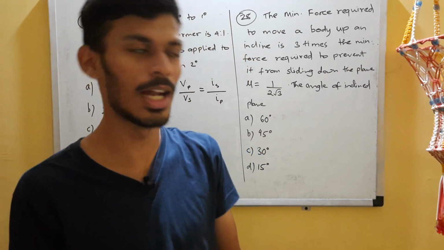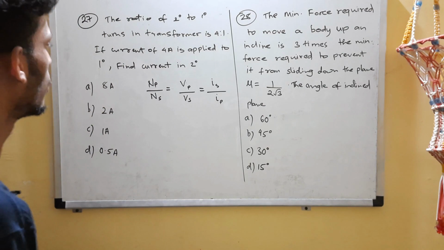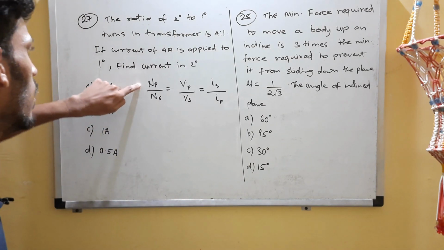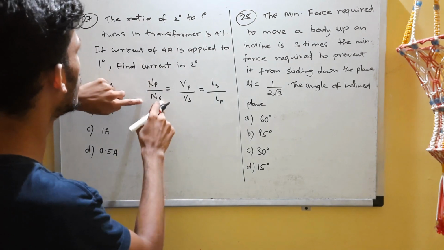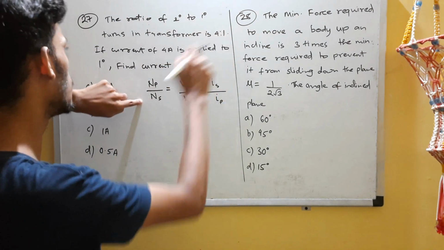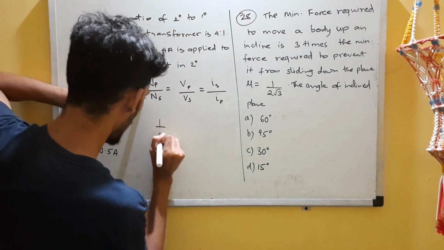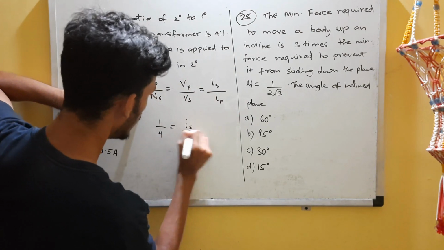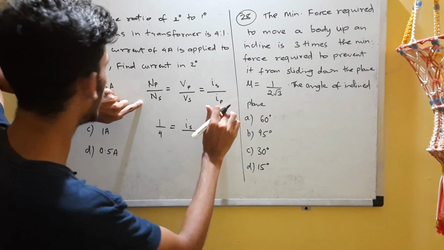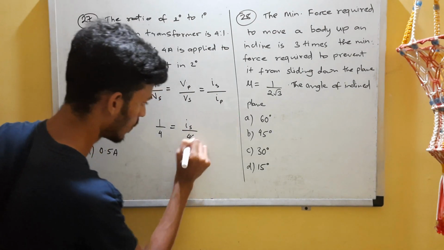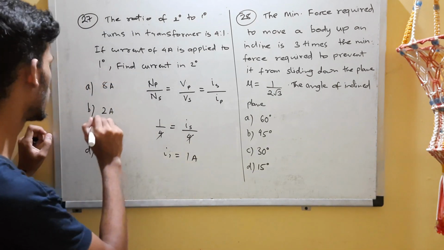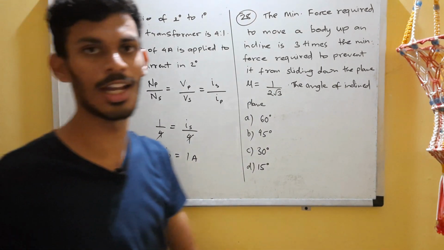We are going to assume that it's ideal over here, although it's not mentioned. Okay, now number of turns, this ratio primary to secondary is 4:1, so secondary to primary is 1/4. Okay, we are not concerned about voltage. Let's see over here, current in secondary, that is what we are supposed to find. Current in primary 4. Okay, so 4 and 4 cancel. Current in secondary is 1 ampere. Okay, so option C, 1 ampere is the correct choice over here.